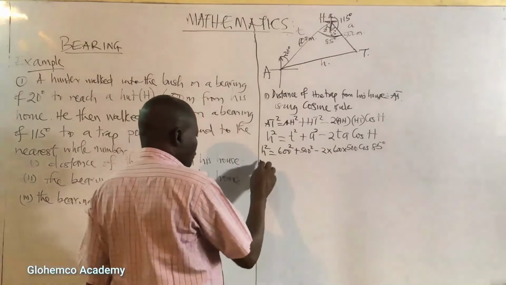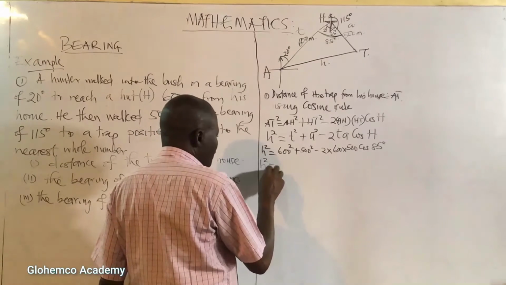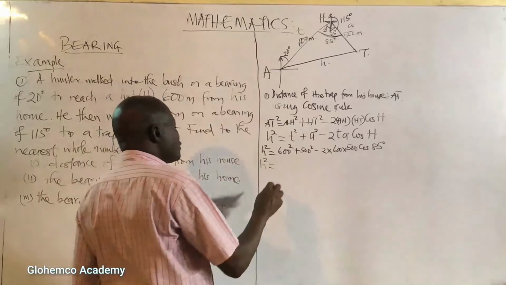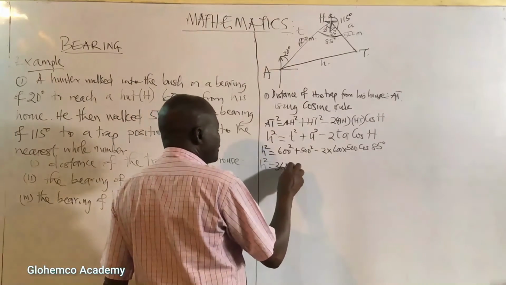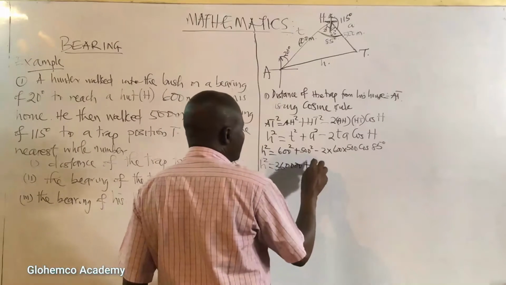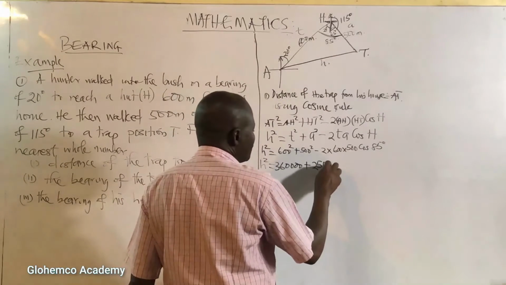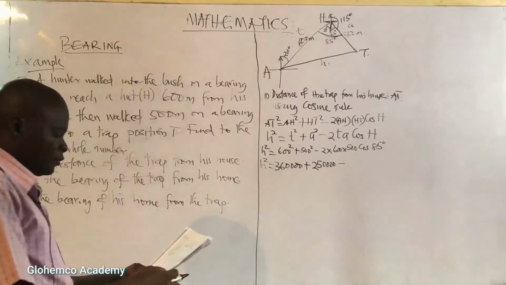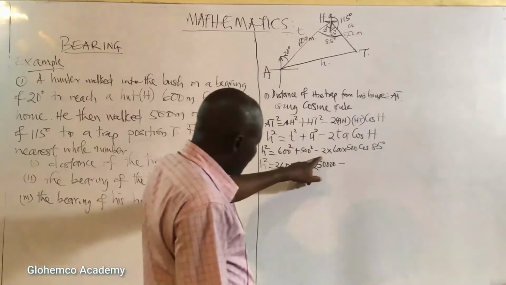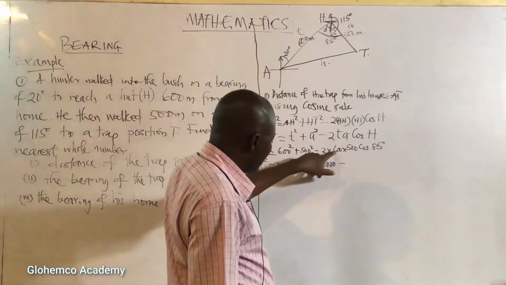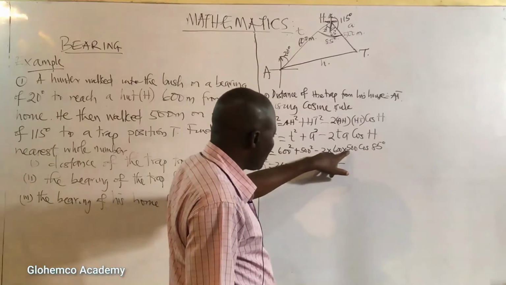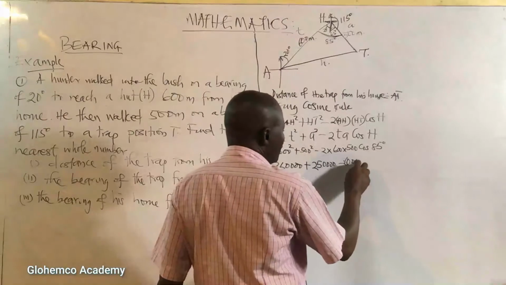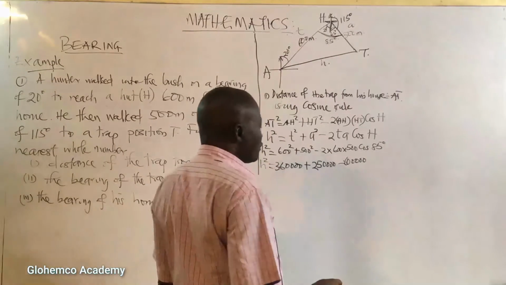Now, we say h squared. The square of 600 squared gives us 360,000 plus 250,000, okay, minus, when you multiply this one out, you have 2 multiplied by 6 is 12, 12 multiplied by 5 is 60, how many zeros now? 4 zeros, 1, 2, 3, 4, that's 600,000.